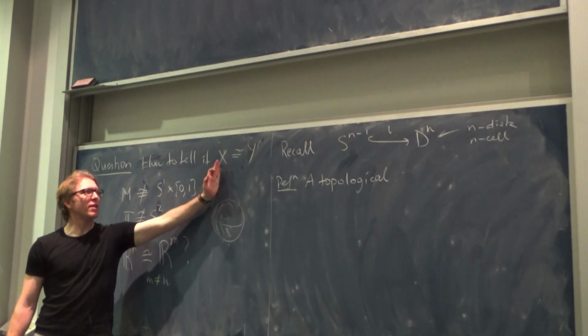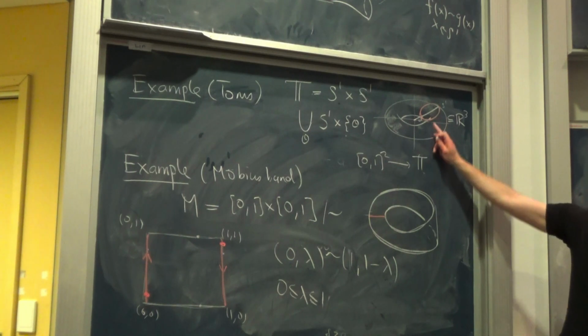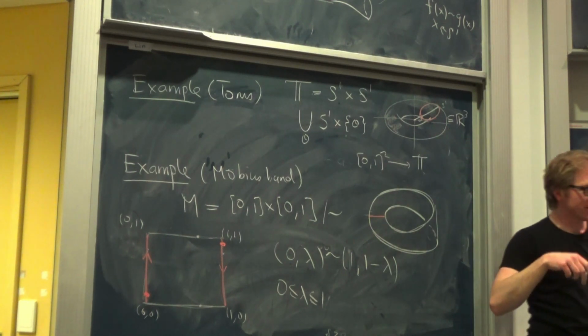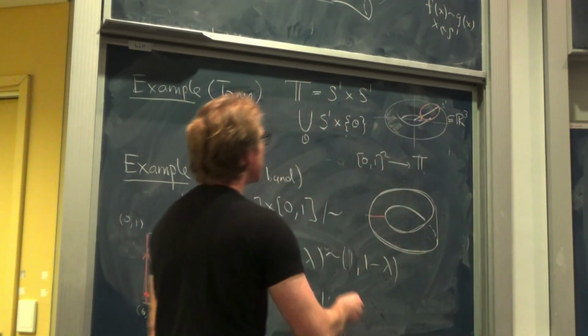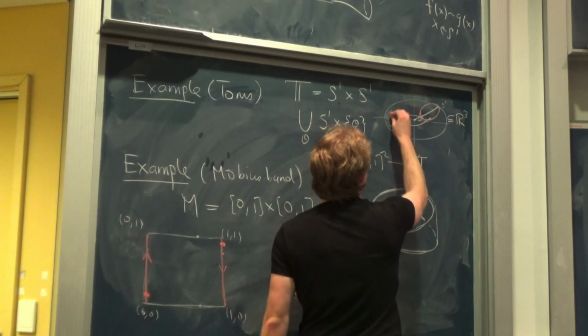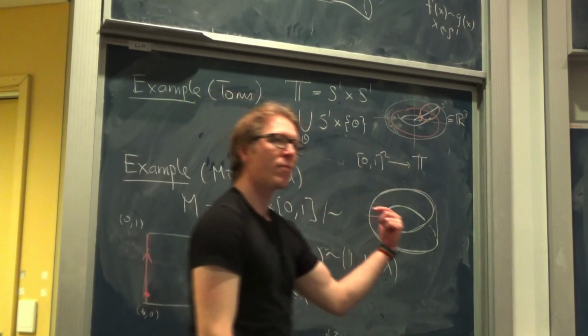So you want to compute invariants, like how many genuinely different circles sit inside your torus. And in the torus, there's two. There's essentially only two really different circles that you can embed into the torus. That's one. And there's another one which sort of goes around the whole.